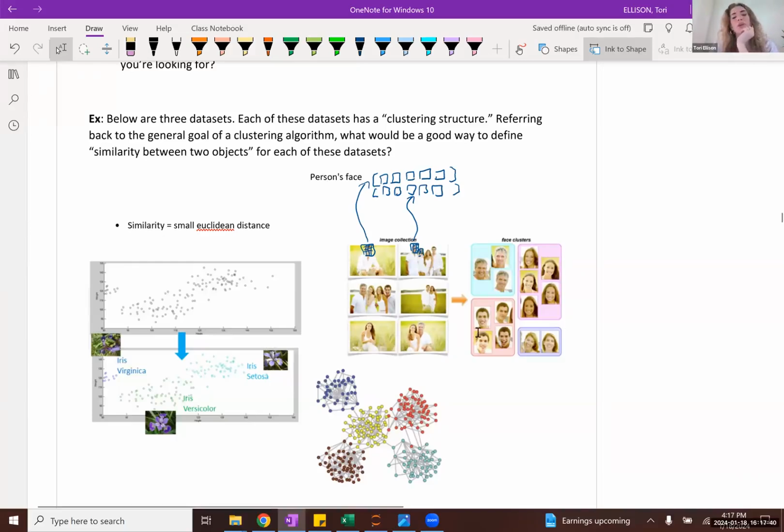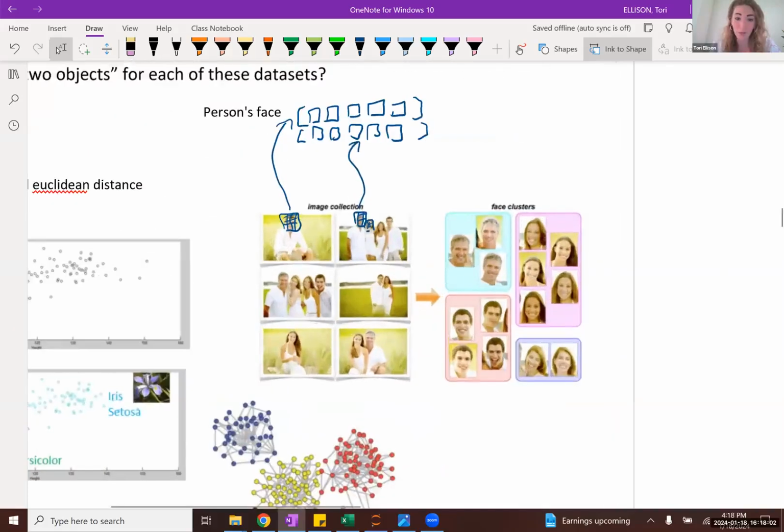But the question is, how does an algorithm know what's the skin, what's the hair, what's the nose? We would want to automate this process. We wouldn't want to go into these images ourselves and pick out the noses, pick out the hair. Ideally we'd like an algorithm that didn't require any manual input from us.